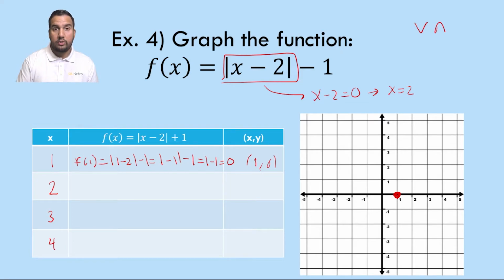On the next one, we're going to graph 2. So it's going to be f of 2. And it's going to be the absolute value of 2 minus 2 on the inside with a minus 1 on the outside. That's going to equal 2 minus 2, which is 0.